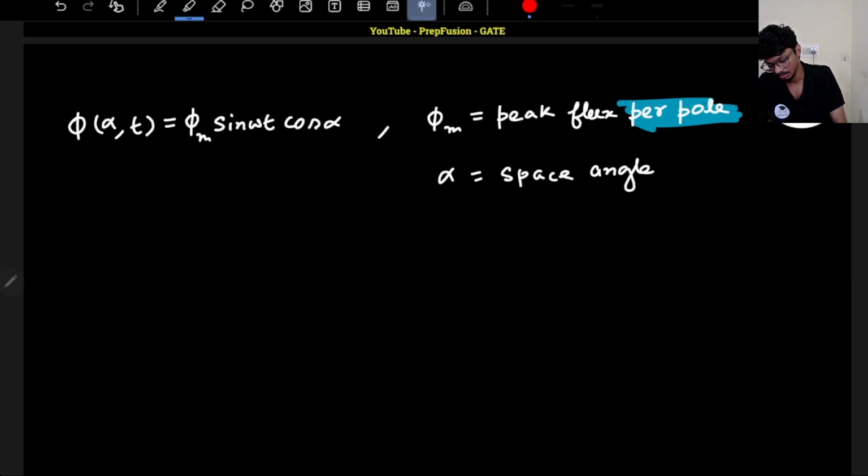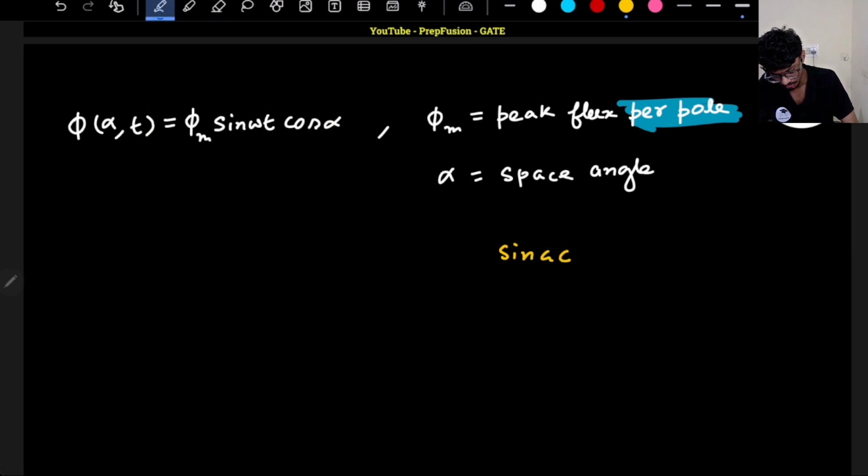Now, can I write this in some other format, because I want to come to a conclusion. So I know what is sine A cos B. Sine A cos B is basically sine A plus B plus sine A minus B, divided by 2.